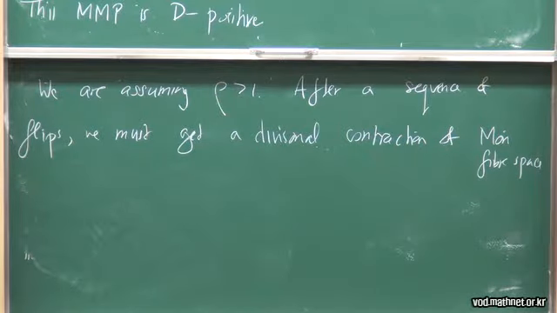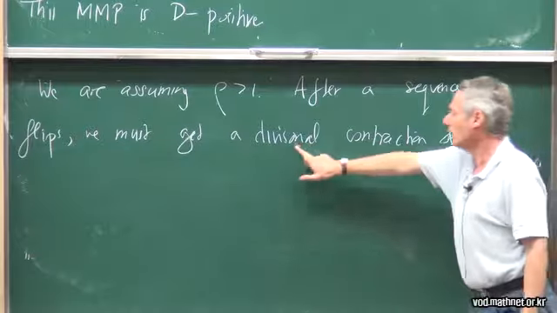If we had Picard number 1, we could just get a map to a point, but we can't get that. We must get either a non-trivial Mori fiber space or a divisorial contraction.